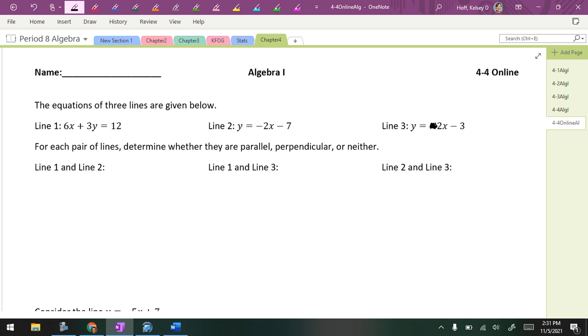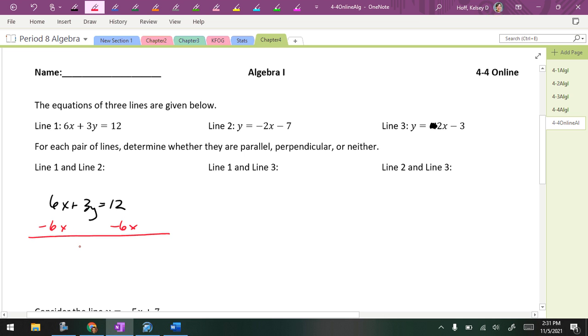So if we take the first one, 6x plus 3y equals 12, what should I do to get y by itself? Subtract 6x. 3y equals negative 6x plus 12. Divide everything by 3. Y equals negative 2x plus 4.